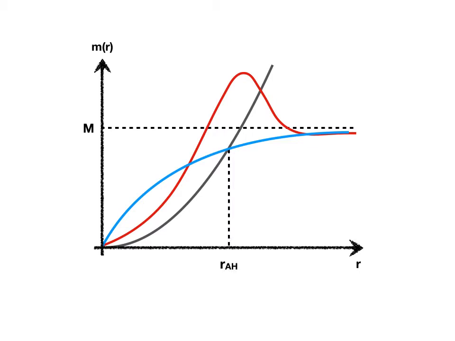The location of the apparent horizon is given by that, and if this intersection is below capital M, then the inequality holds. However, if it lies above capital M, the inequality is violated. So red is the violating type of mass function, whereas blue is the obeying mass function.